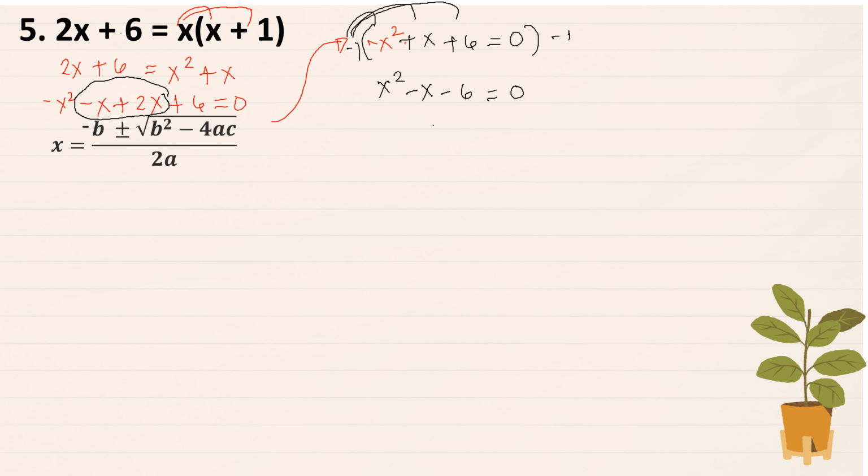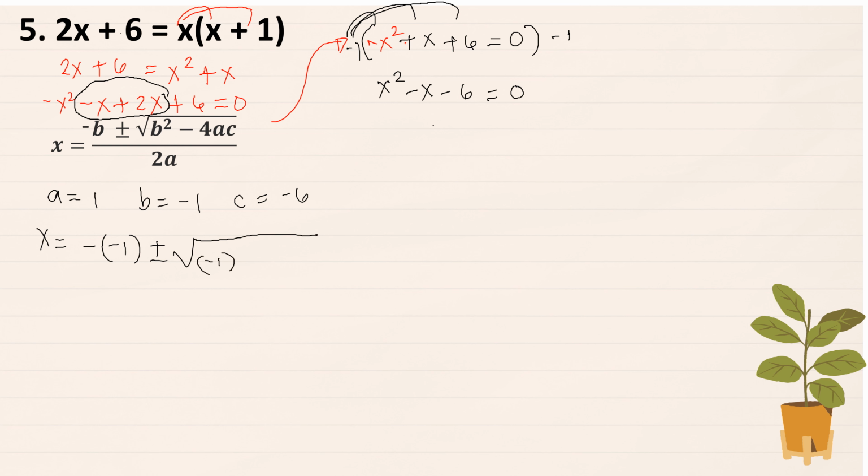So for that, our A is 1, our B is negative 1, and our C is negative 6. We are now ready to substitute to the formula. So x is equal to negative B, where B is negative 1, and then plus minus the square root of B squared.